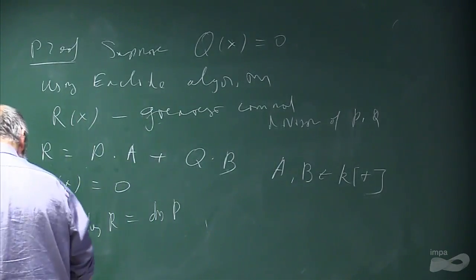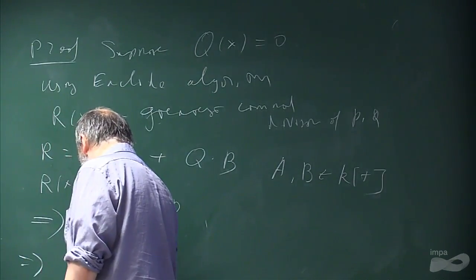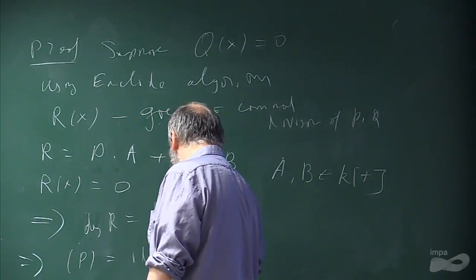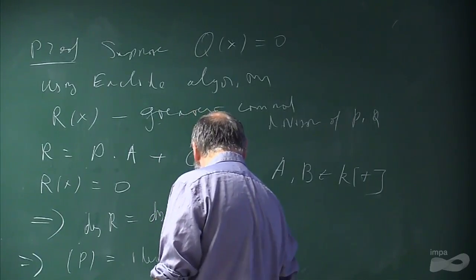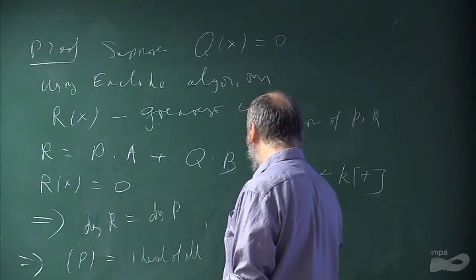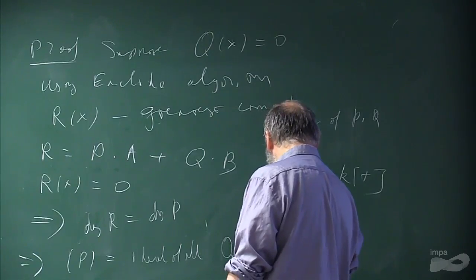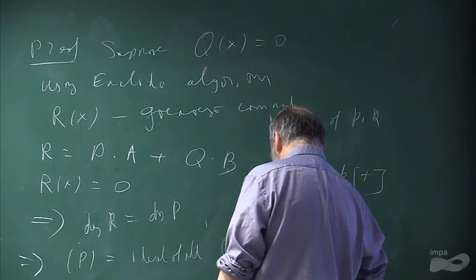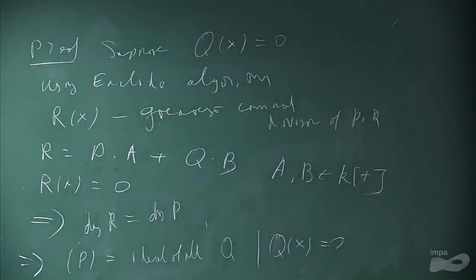So this means that the ideal generated by P is the ideal of all polynomials Q such that Q of x is equal to 0. And of course, you have a surjective map, by definition, from polynomials to A, mapping t to x.